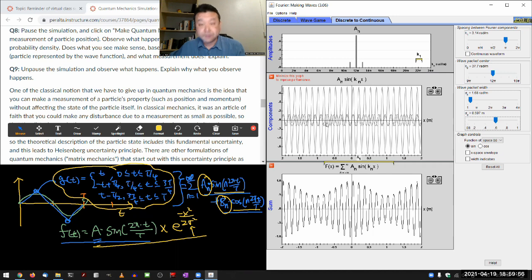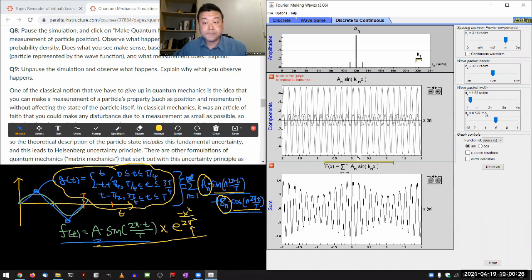So what it's showing here is that in order to represent a modulating waveform like this, you need multiple components. In fact, if you study AM radio, this is the main carrier band, and these are the side bands, and this is what people use to transmit information through radio signals.